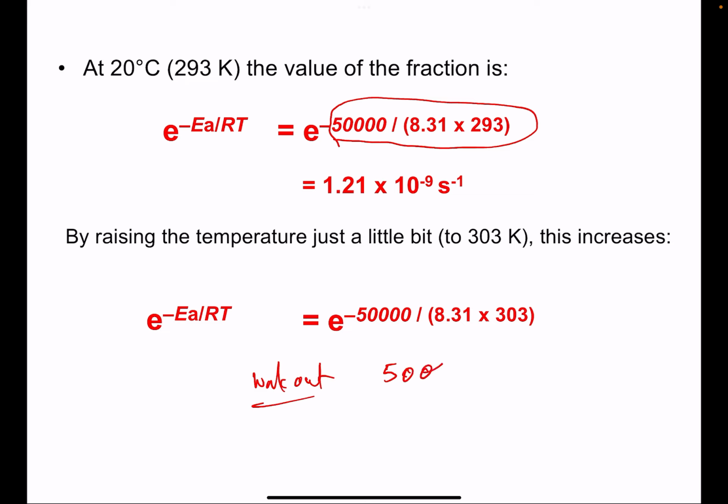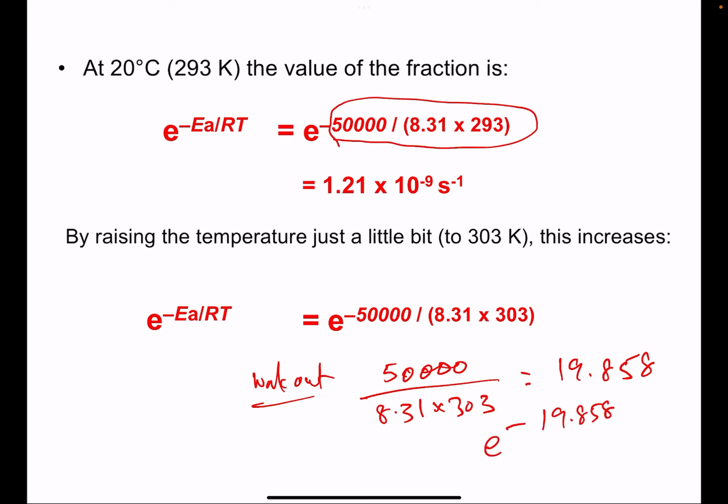Work out 50,000 divided by open brackets 8.31 times 303 first. That now comes to 19.8578. Now e to the minus 19.858, same concept: shift, natural log, minus 19.858, and I get an answer of 2.38 times 10 to the minus 9.